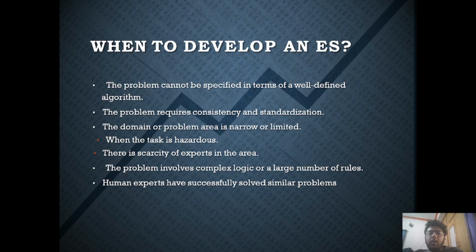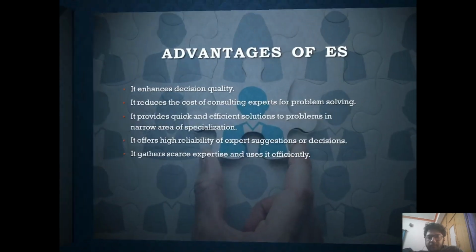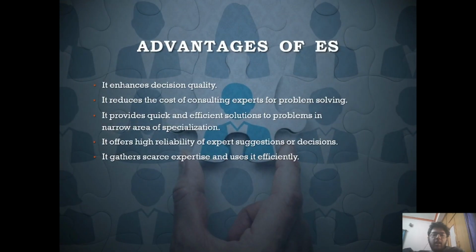Expert systems can be deployed in this particular area. Also when there is a scarcity of experts in the area, and the problem involves complex logic or a large number of rules. In this case, expert systems can be implemented with the inference rules. And when human experts have successfully solved similar problems too.